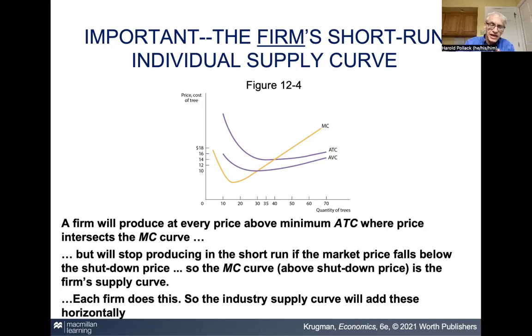Each of the firms is doing that, and the end result is an industry supply curve that's the total supply provided by each of these firms, and because they're earning zero profit, it'll basically end up being a flat curve at exactly this price point. The industry supply curve will just be a big flat curve that goes right through there. And there'll be lots and lots of firms, each one of which is producing right at that point. Okay.